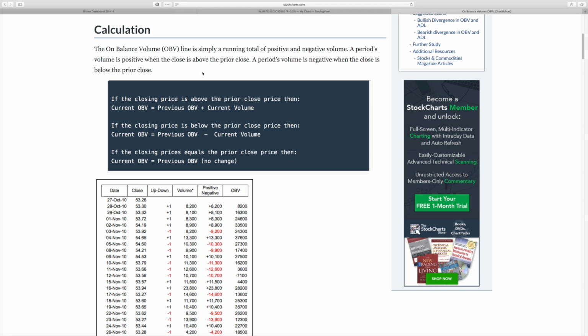If your closing price on your latest candle is above the prior candle, that's a positive, and it's added to the total. If that current candle is closing below the prior candle's close, then that volume for that candle would be subtracted from the total volume of all the prior candles. So you see how it works, and it just keeps a running total.